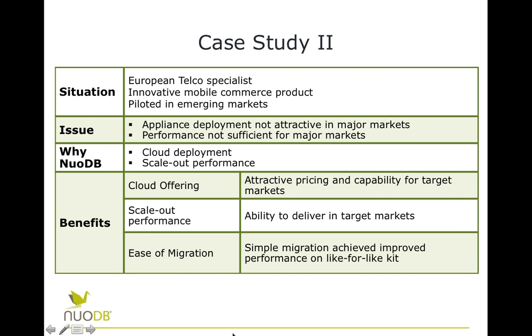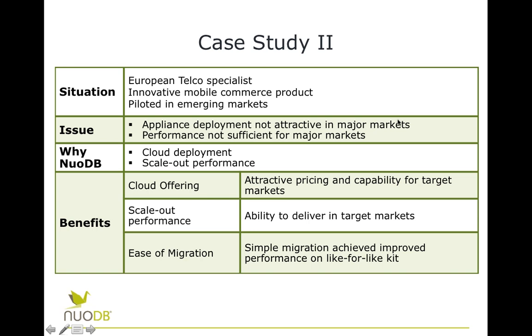They need to roll this application out in multiple geographies and specifically in the major markets. Now they deploy it as an appliance, and that appliance will not economically give them the performance they need to handle the workload that they need to roll this out to the major markets, and without that they can't make a success of their product. So they came to us because, one, they needed the cloud deployment.